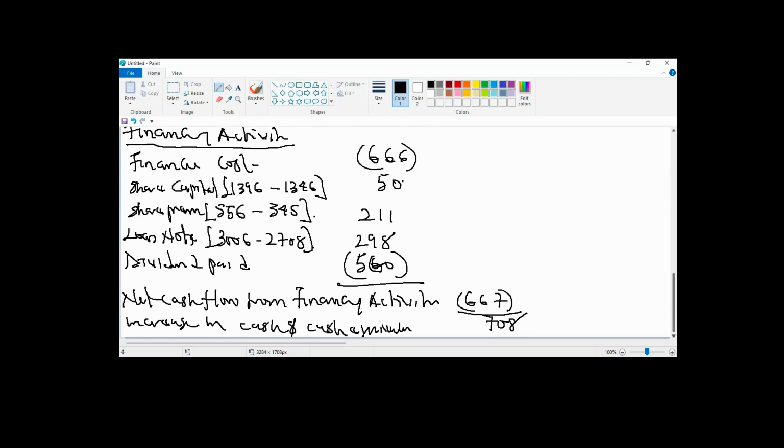If I put 1,152, I say 708 minus 1,152, will it give me 444 less? Yes. That is it.